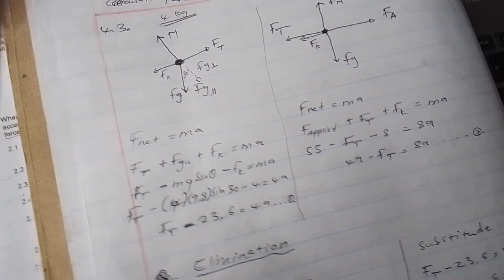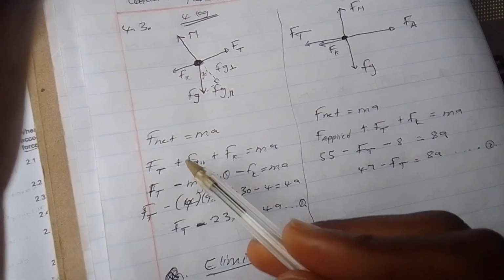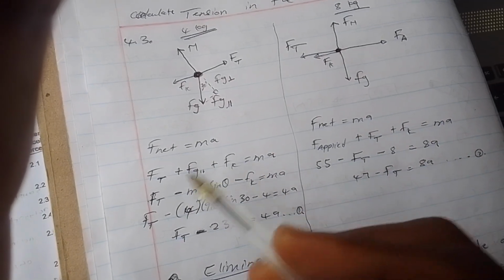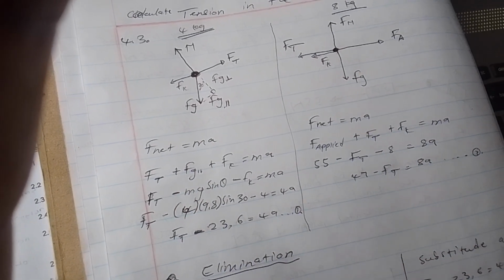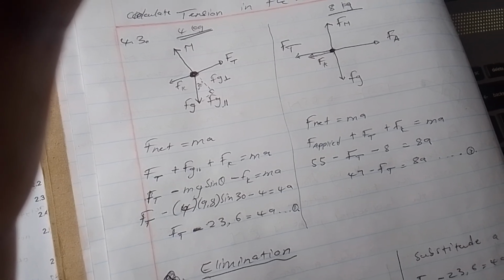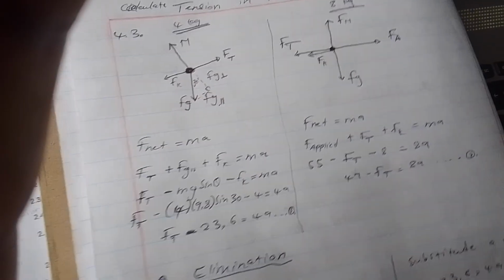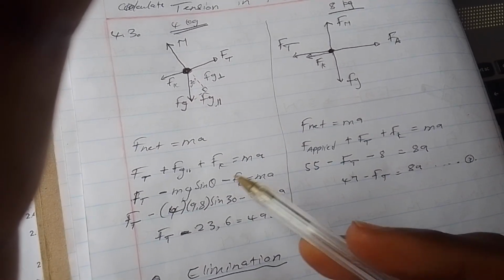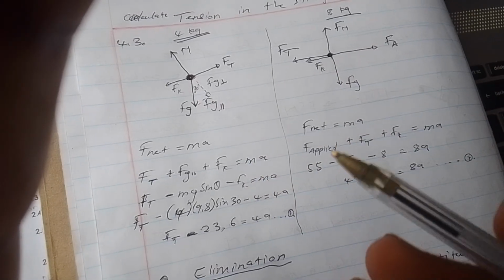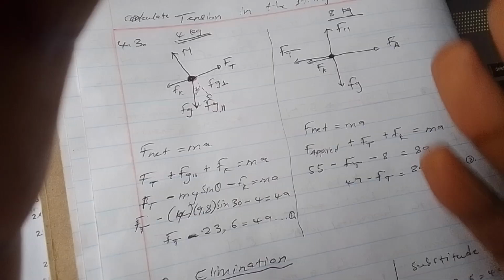Okay, we know that our system is going to the right. So before you place the forces in the formula, first determine the direction you want to use as positive.